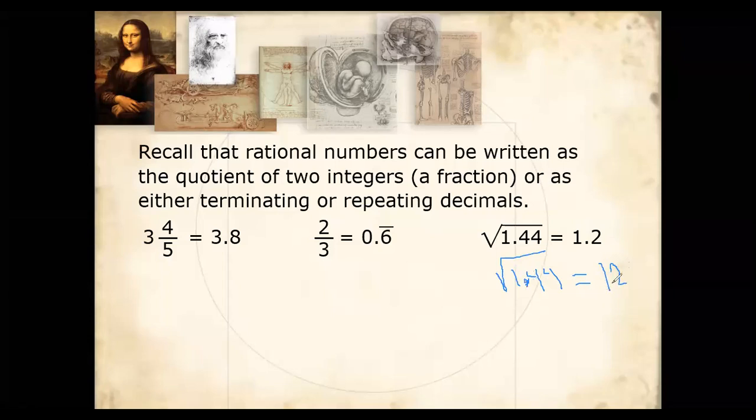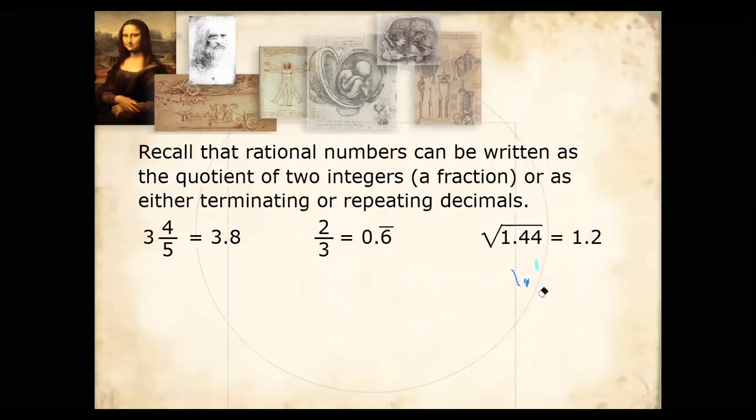Then we have 1 point after for the answer. So square root 1.44 equals 1.2, which means in this one, the rational numbers which we can find with a mixed number or with a fraction or under a radical sign, if we can change the number.